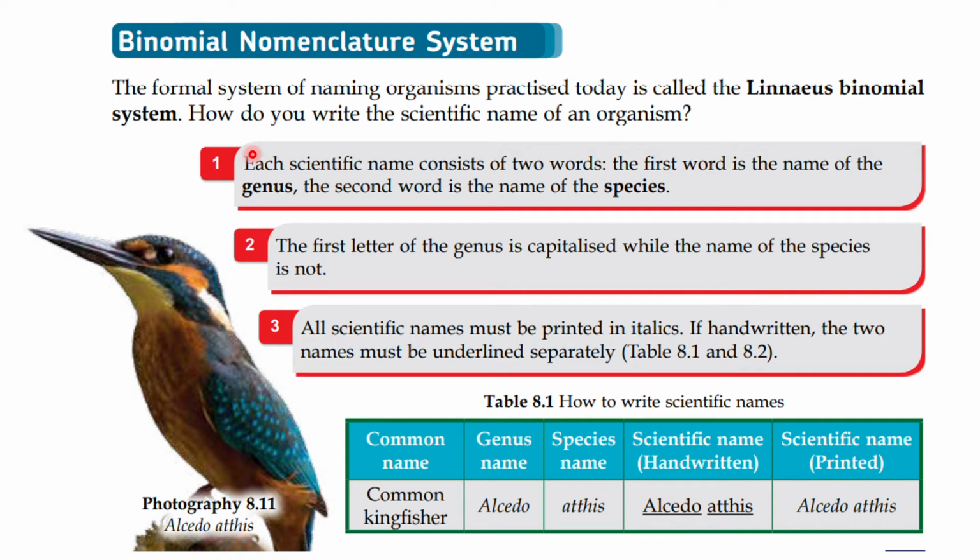Jadi inilah the scientific name which consists of two words. The first word is the name of the genus, and the second word is the name of the species. Contohnya kalau manusia, for example, we are Homo sapiens, right? So Homo, H is capitalized, and they are two separate words.